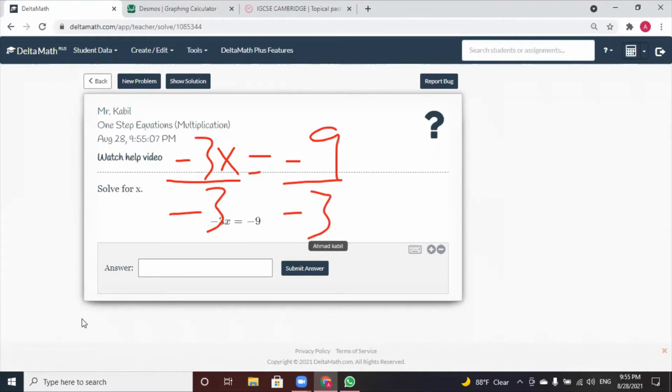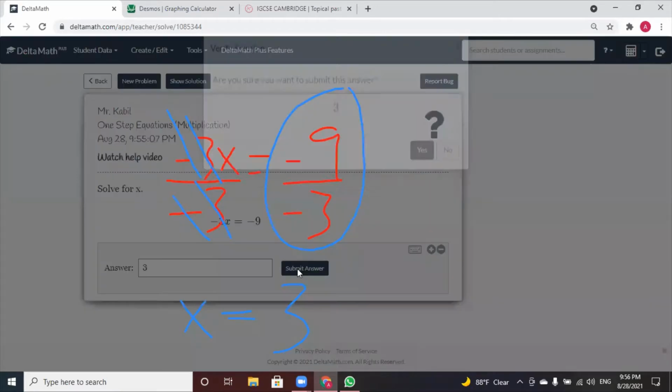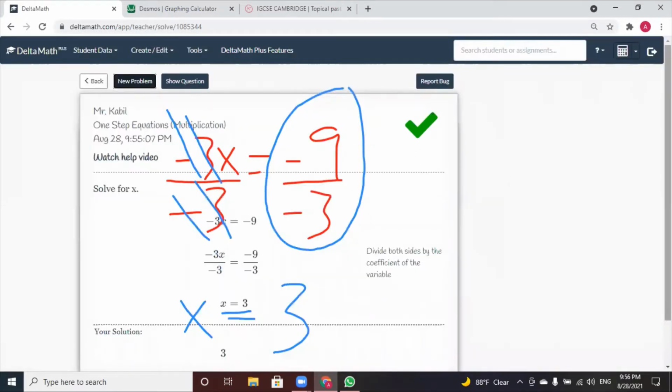And we cancel out the numerator with the denominator on the left-hand side. We are left with x equals negative 9 over negative 3, which gives us positive 3. So the answer here is positive 3. If I attempt to type in the answer, I get that this is a correct answer.